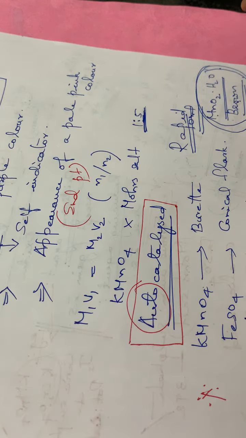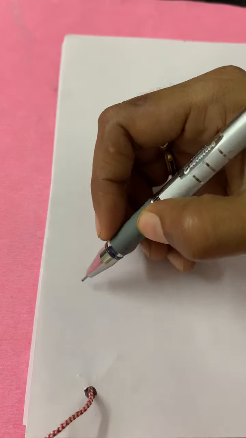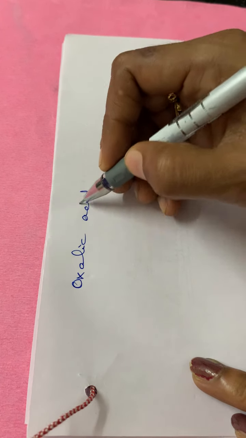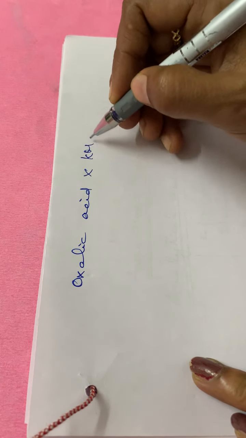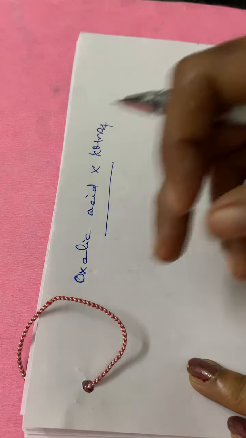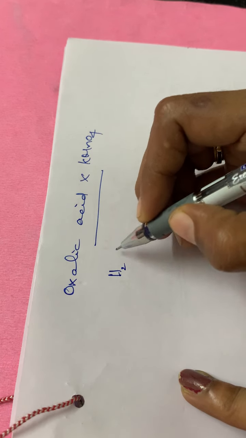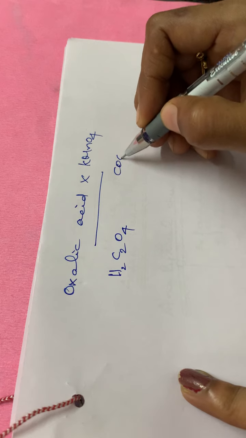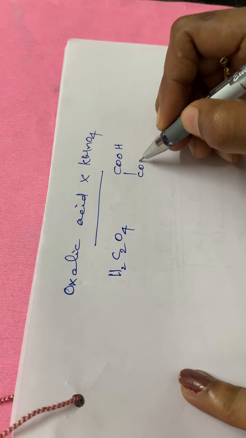Then one more reaction in permanganometry is the titration of oxalic acid against KMnO4, potassium permanganate. Oxalic acid has the formula H2C2O4, which we can also write as COOH, COOH.